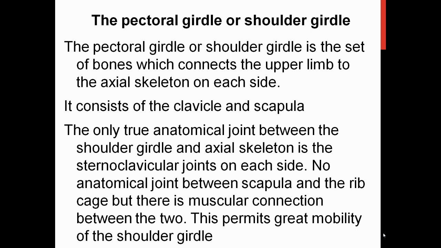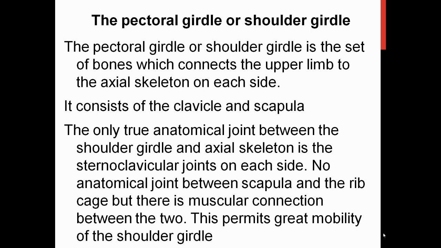The only true anatomical joint between the shoulder girdle and the axial skeleton is the sternoclavicular joint on each side. No anatomical joint between scapula and the rib cage, but there is muscular connection between the two. This permits great mobility of the shoulder girdle.